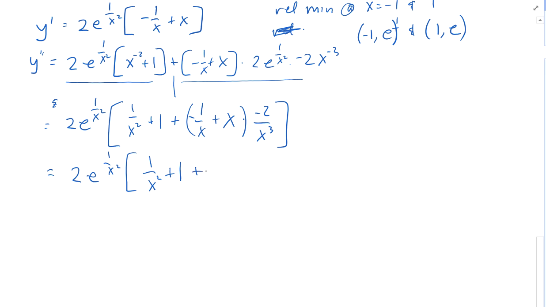This is going to be plus 2 over x to the 4th minus 2 over x squared. And that's y double prime. We just want to set it equal to 0 because we want to find inflection points and where it's concave up and concave down.